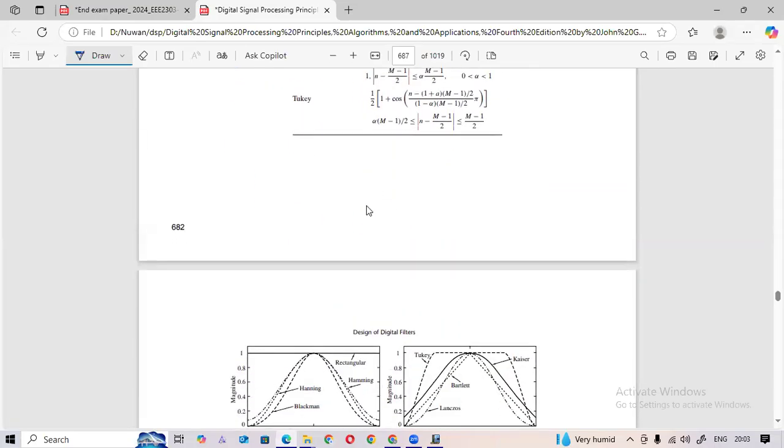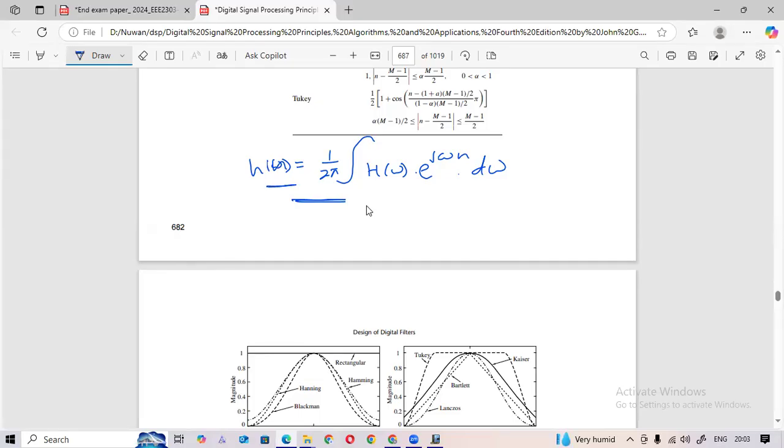If H(omega) is given, you multiply it by e^(j omega n) and integrate using d omega, with a factor of 1/2pi. So using this integration, you have to find h(n).